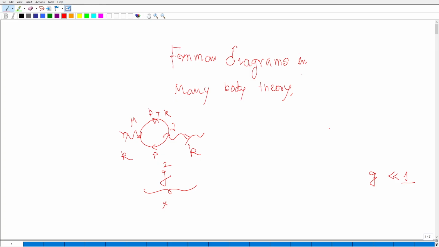Now, this kind of diagram in finite temperature field theory is usually called a Feynman diagram.